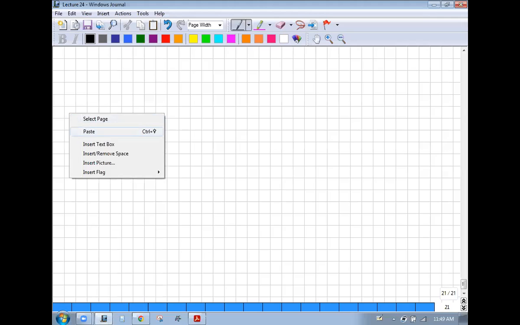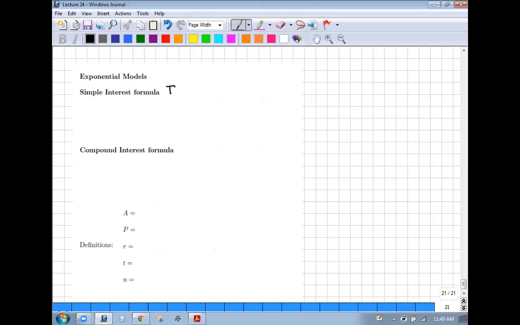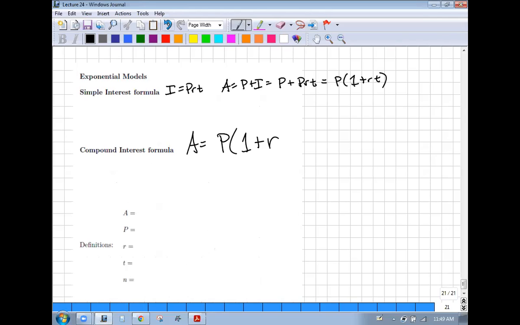So let's review. Simple interest formula, I = PRT. So the amount is principal plus interest. Interest is PRT. Factor out a P, you get P times (1 + RT). Compound interest formula, your amount is your principal. Now, instead of just your rate, you have to take your rate and divide it by the number of times you're compounding.